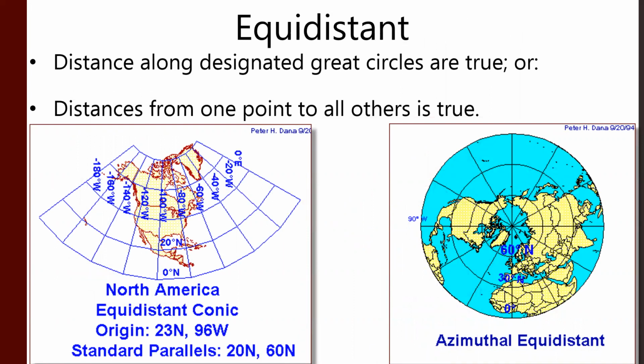Then we have equidistant maps. Equidistant maps are designed so that the distance along designated great circles are true, or the distance from one point to all others are true. A great circle is just any line that cuts the Earth into two equal halves. The equator is a great circle, as is every line of longitude.